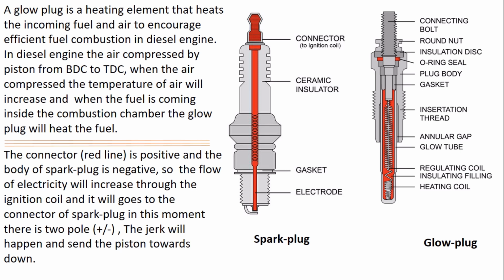The body of the spark plug is connected to the body of the engine, so the body of the engine and all other components are negative, and the spark plug has a positive. At the bottom side there is a distance between the negative and the positive. When these two poles meet, the jerk will happen, and that's why the piston, with the help of the spark plug, jerks and moves down and produces the power.